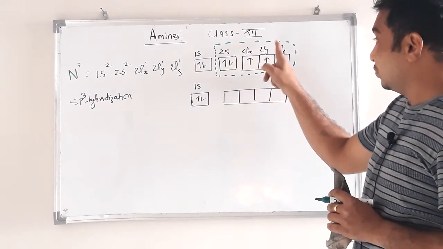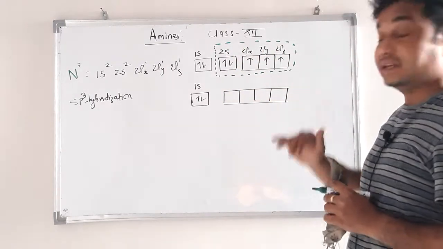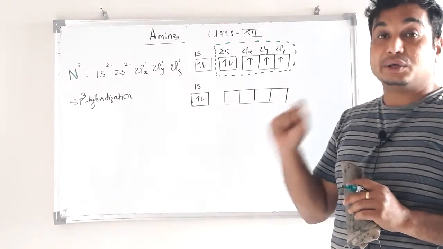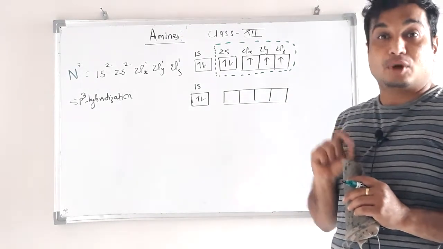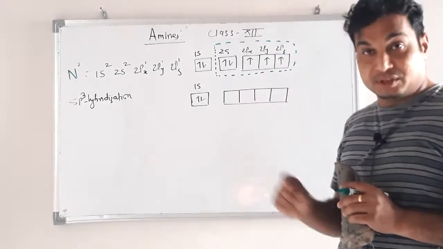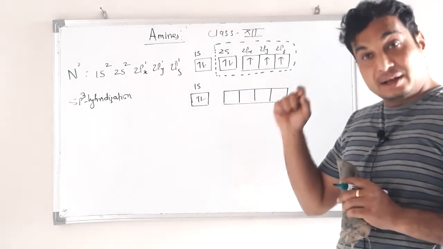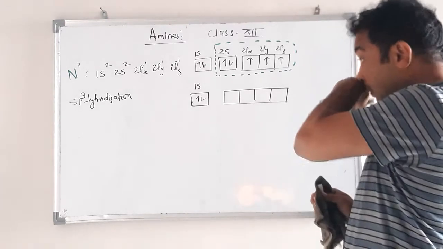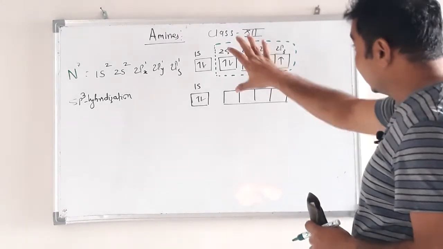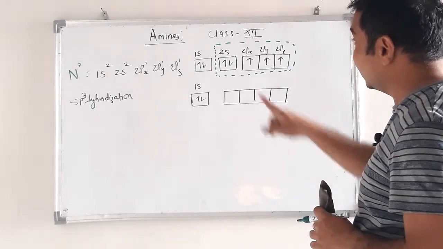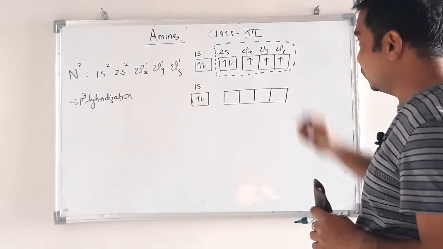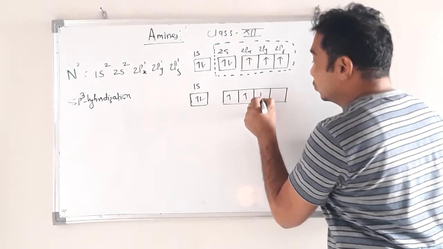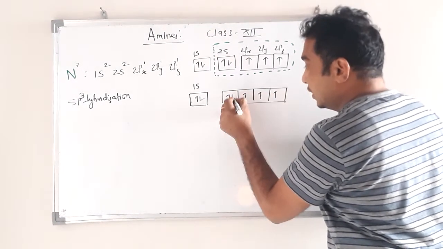After mixing we get the same number of atomic orbitals, but the resulting orbitals are equivalent in all properties: their energy, shape and geometry are the same. Now during this mixing we are considering how many electrons? 5. Now we have to distribute these electrons here also, 1, 2, 3, 4 and 5.